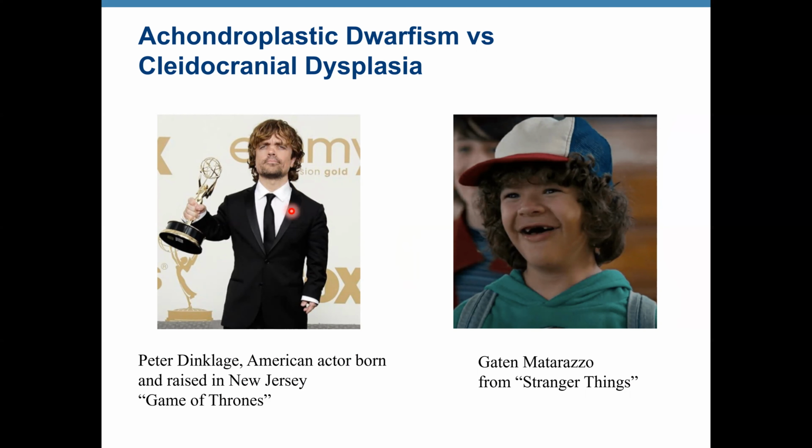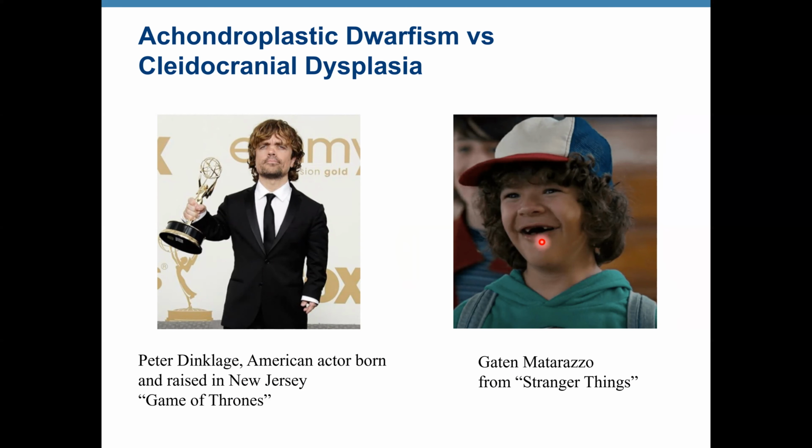So bones that are formed from cartilage are not forming right. And people are dwarf, and especially they have shorter limbs, shorter arms and shorter legs compared to the rest of their body. Right, so this is a problem with endochondral ossification.